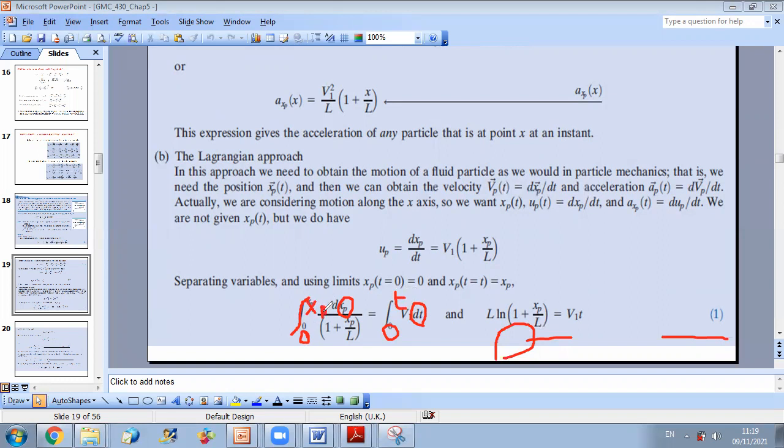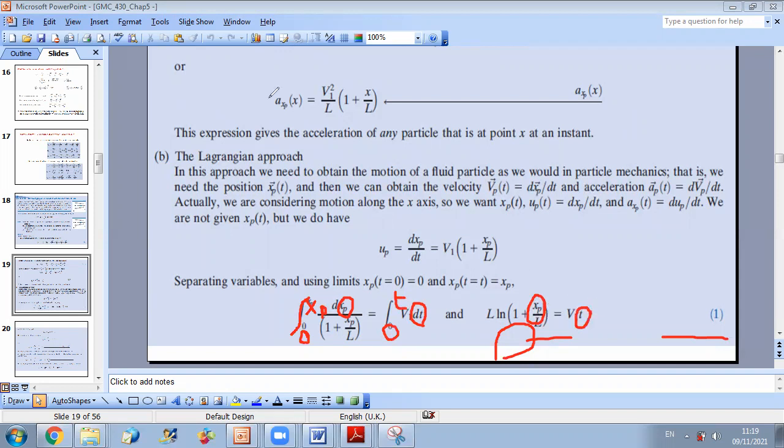Okay, so now from the first side, the integral of this function is L ln 1 plus x over L. And from this side, the integral is v1, because v is a constant, v1 times t. Okay, so in this way, we were able to get an expression for x of particle, function of time.